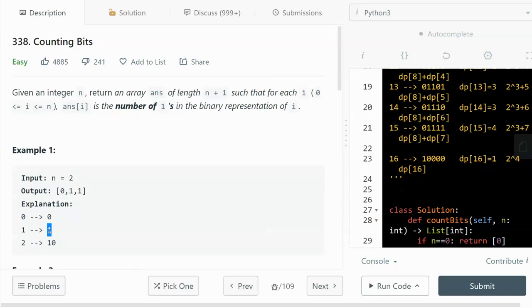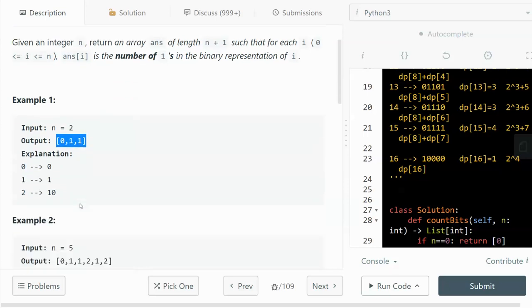As you can see, there is a 1 here, and also a 1 here as well. So what we need to return is the number of ones. The first one has no ones, so that's why it's 0, and the next two have 1 one each. That's why we have to put 1 and 1 in here.